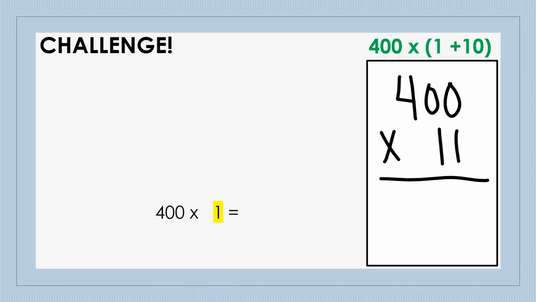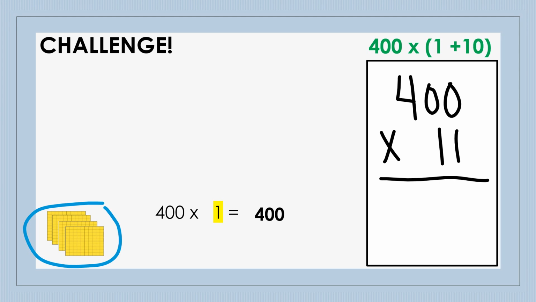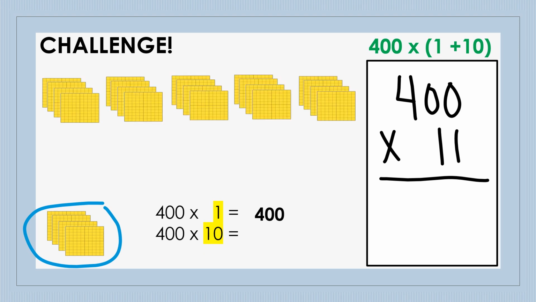So one group of 400, which I have pictured here, would give us a product of 400. Now, if one group of 400 equals 400, when we think about 10 groups of 400, ready? Here they come.